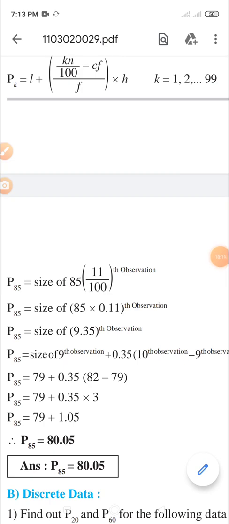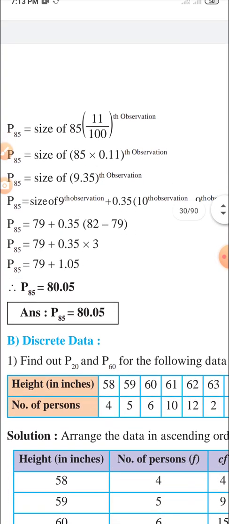Okay, next is the calculation of percentiles when two types of information are given, that is, frequency and values. Frequency and values are given under a discrete series, or when ungrouped data is given.